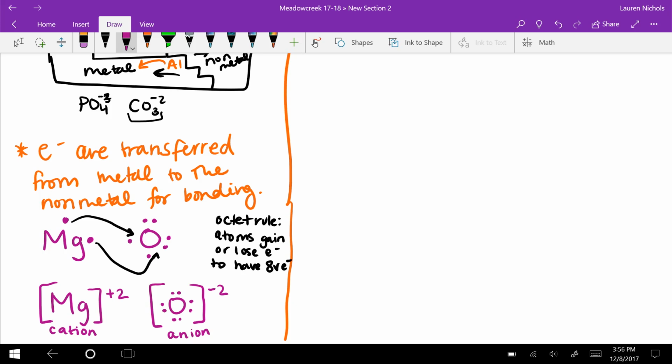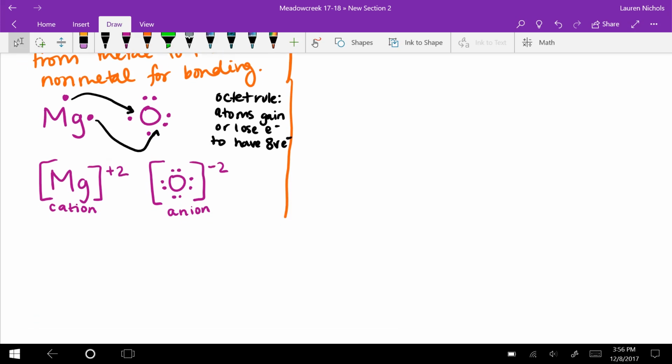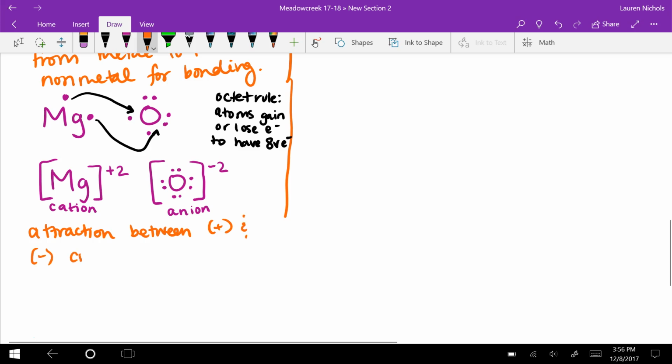Those charges are what force them to be attracted to each other and have that ionic bond. So the attraction between positives and negatives creates the ionic bond.